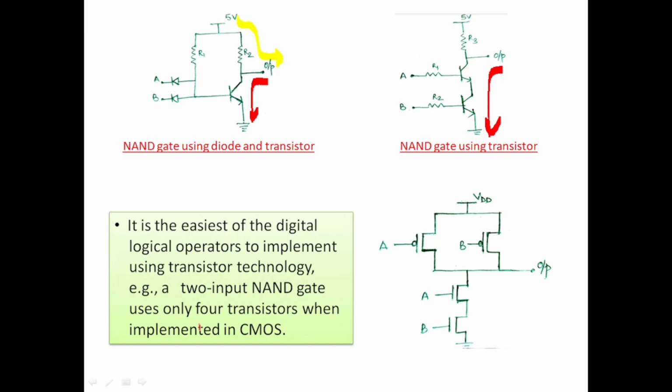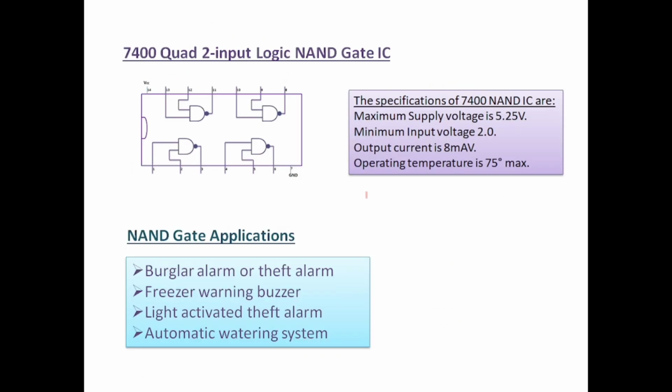Say for AND gate, we can also say that AND gate is the inverse of NAND gate. So we need to add one inverter here, which will add 2 more transistors, giving a total count of 6 transistors. So a NAND gate uses the minimum number of transistors, that is 4. That's why it is easy to fabricate.